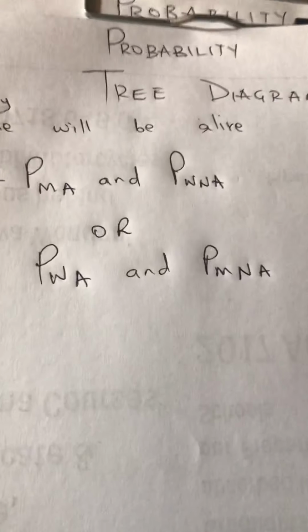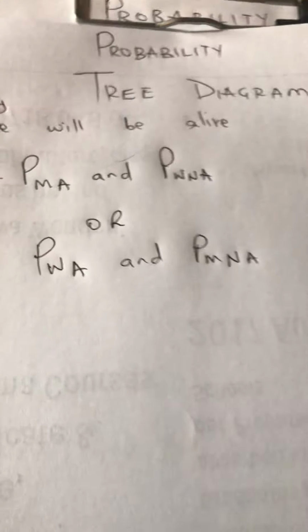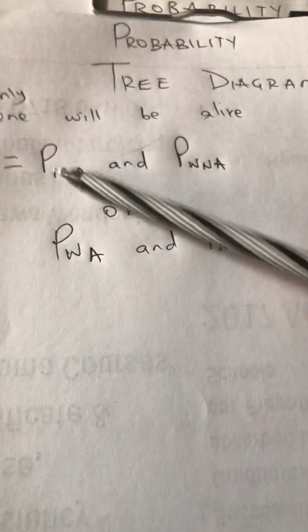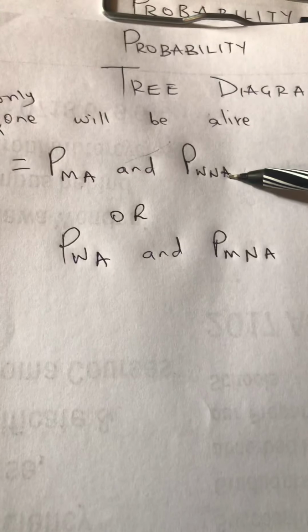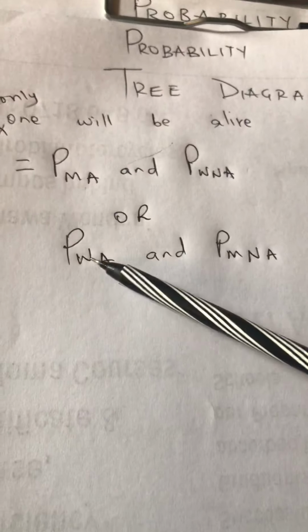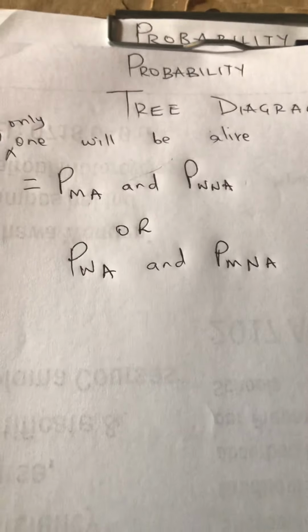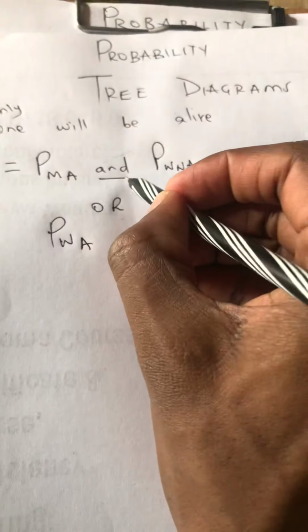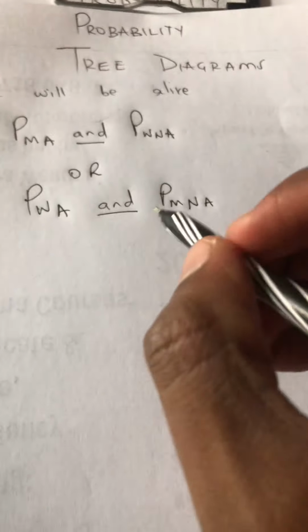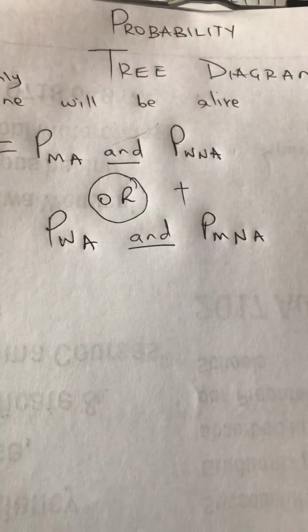So it is the probability that at any given time only one is alive. Now, I have already told you that "and" means multiplication. Now you need to know that "or" means addition. Hapo sawa? Nice one, when it comes to probability.